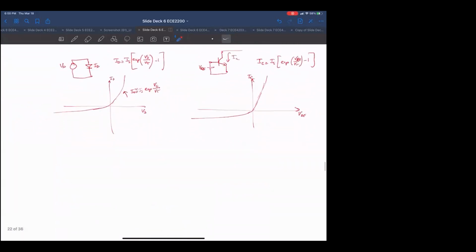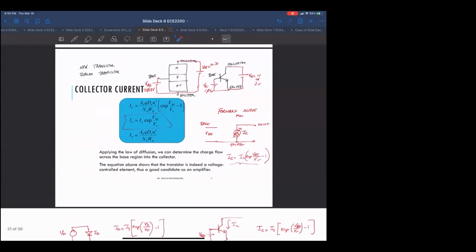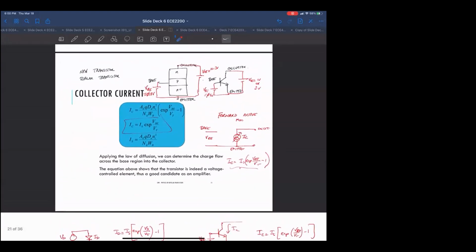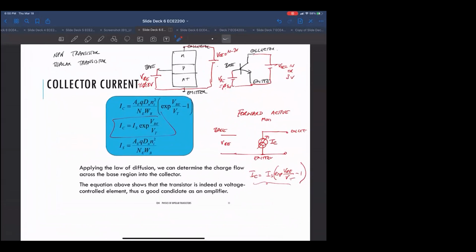This is the important equation for a transistor, which looks exactly like the diode equation. This current source I sub C is exponentially varying with your VBE.